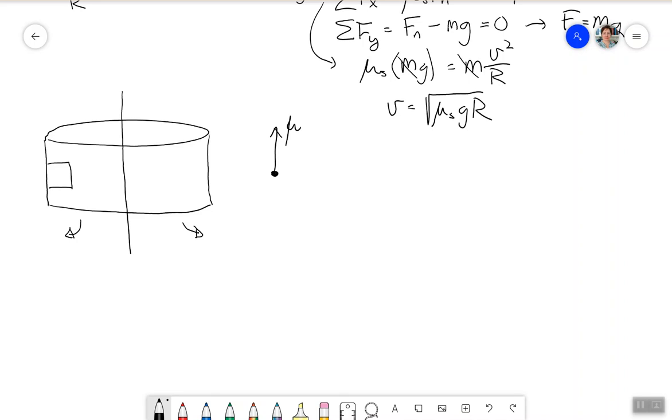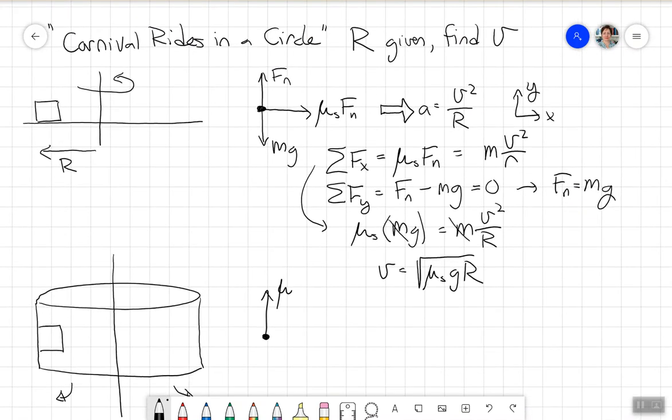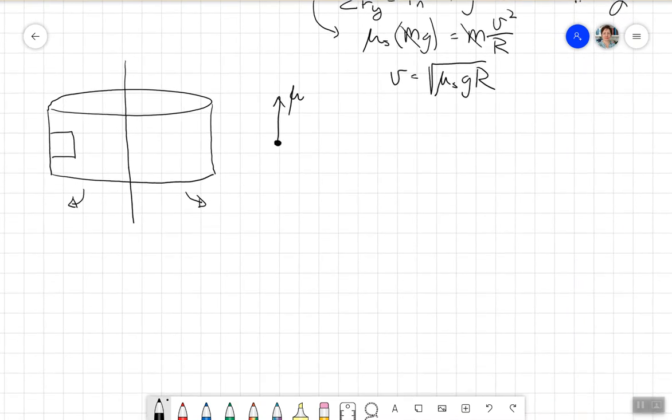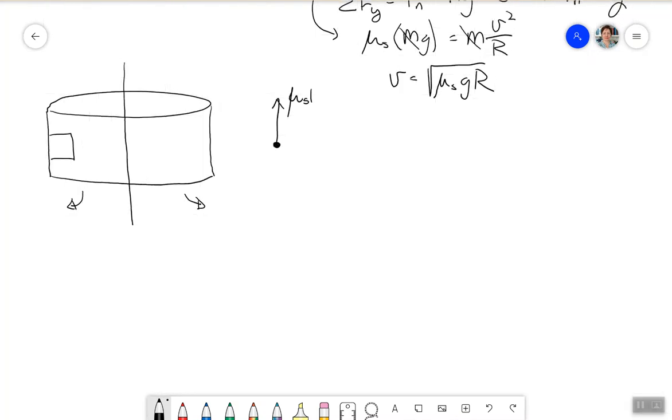Now the friction that was inward is now upward. So we have the force of friction, and now it's the normal force that goes inward, and mg is down. So once again, we have a centripetal acceleration of v squared over r, where your distance from the center is r.